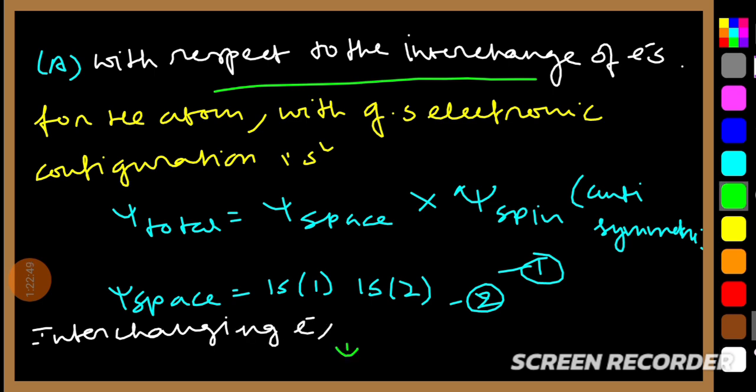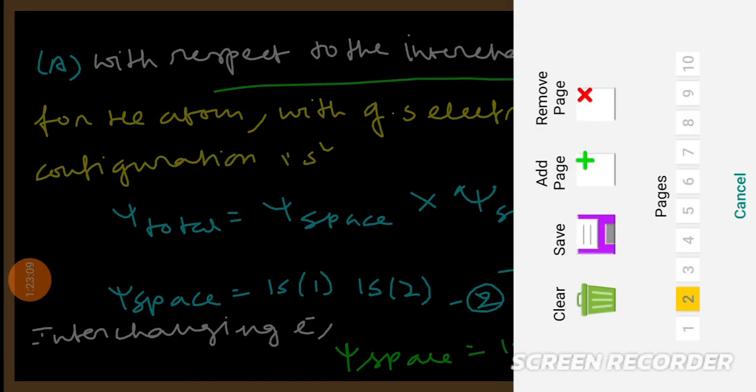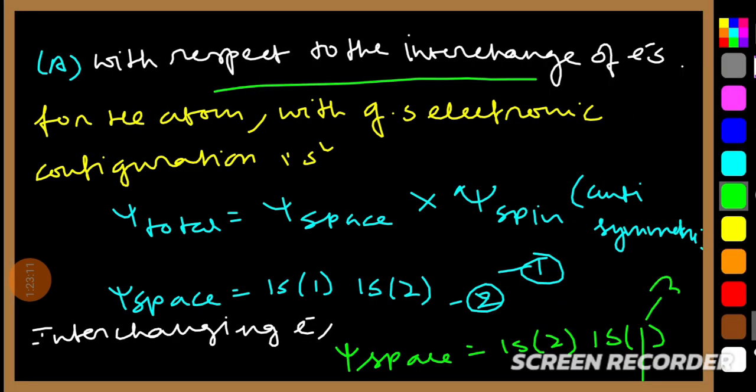That is, psi space should equal 1s2 here and 1s1 there, that is what interchange means. Okay, next, this is the third equation.